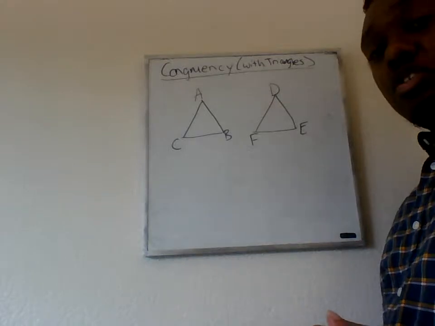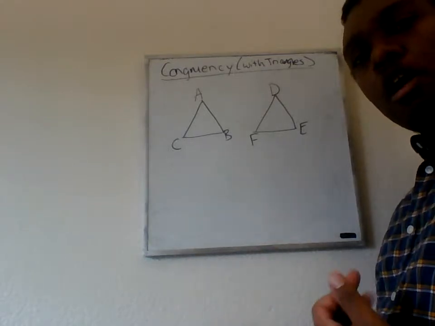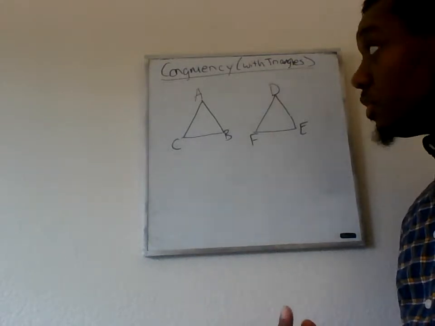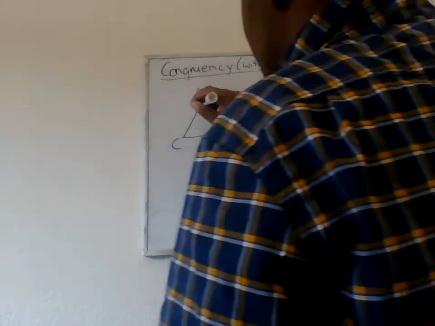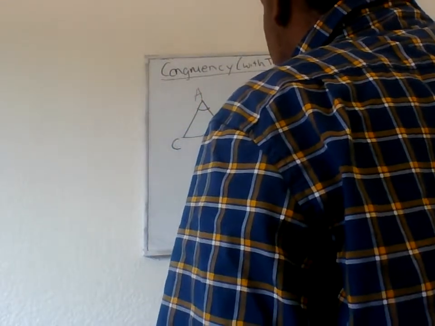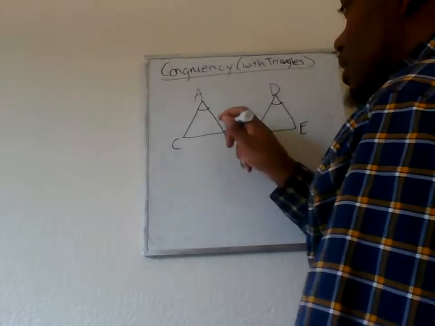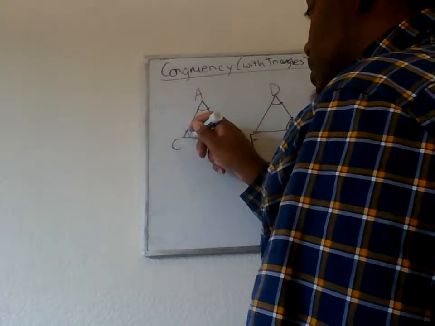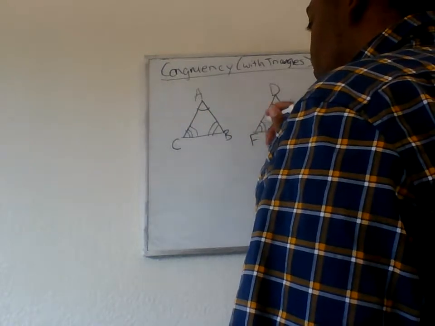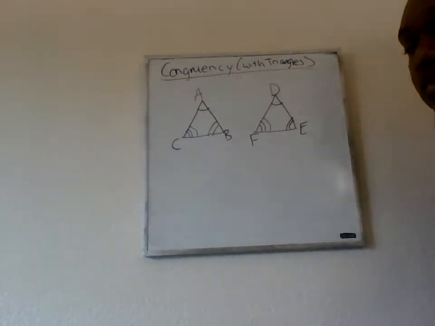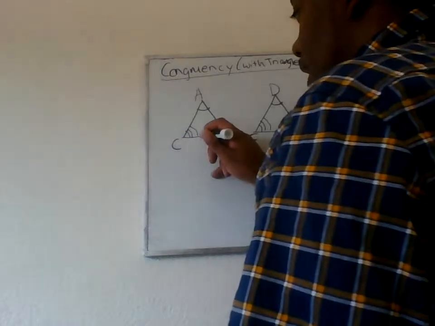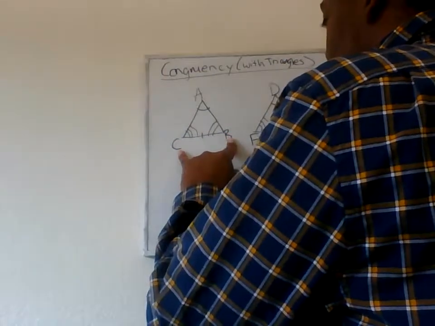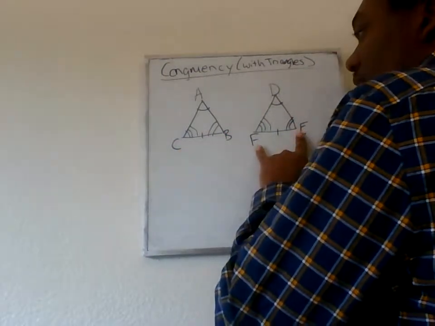Now, if I were to say these two triangles are congruent, the question is, what parts are you saying are congruent? For example, let's say we have A is the same as D, B is the same as E, and let's say that C is the same as F. Okay? We can go a step further in saying that CB has the same measurement as EF.